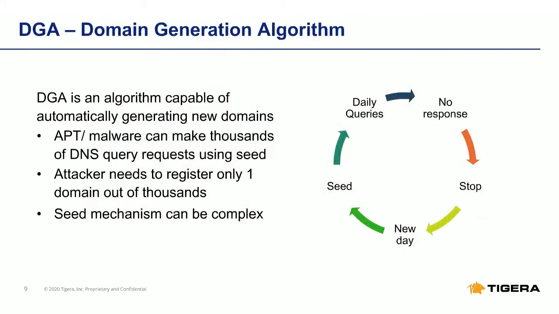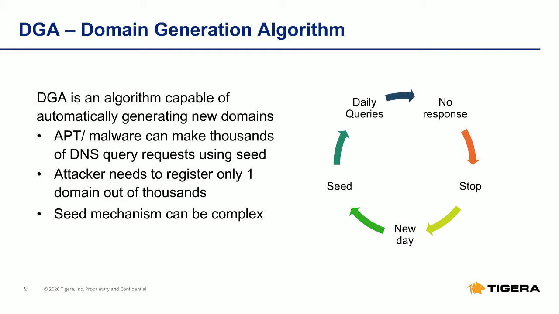DGA in a nutshell is an algorithm which is capable of generating thousands of domains depending on the seed it is using. So you can look at the DGA as, depending on the day of the week, I can generate thousands of domains and try to connect to them and see if one of them responds or one of them is registered.